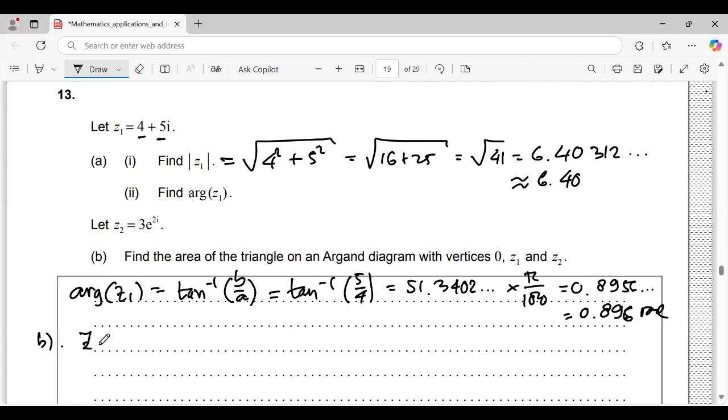C2 equals 3e to the power of 2i, which is 3 times cosine 2 plus i sine 2. So 3 cosine 2 plus 3i sine 2. And this is the rectangular form.